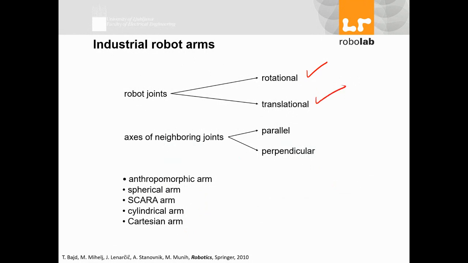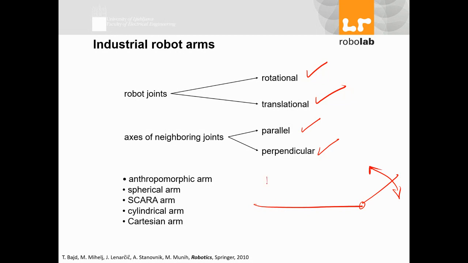The axes of neighboring joints can be in parallel or perpendicular. Which means that, for example, if I have one joint moving like that, the other one can move back and forth.